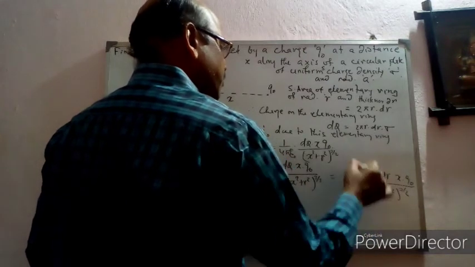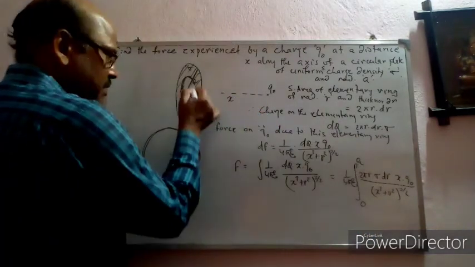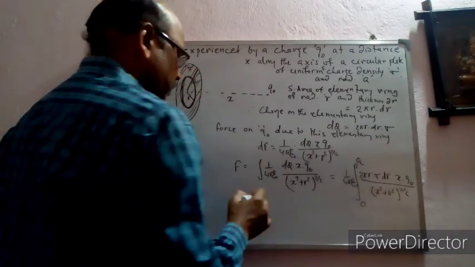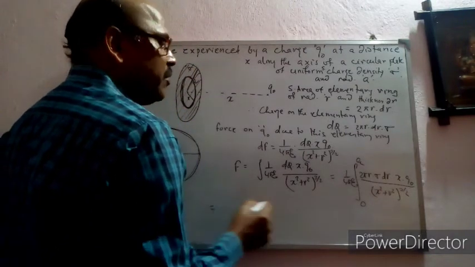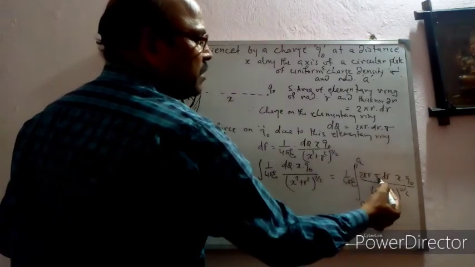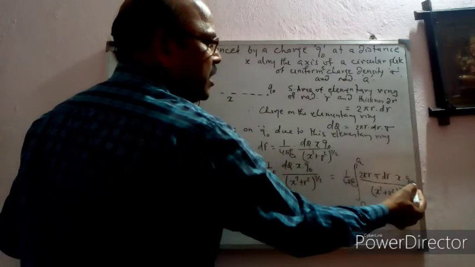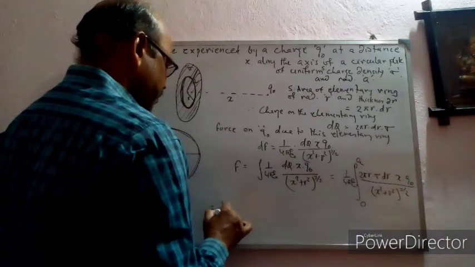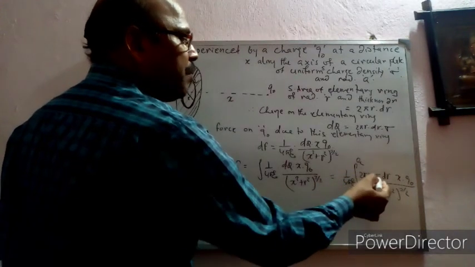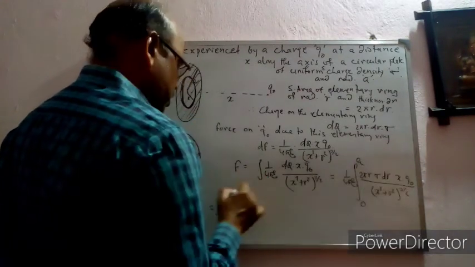It is varying from 0 to a. The rings are of radii 0 to a, continuously varying. So solving it, take the constants out: 2 constant, pi constant, sigma constant, x constant, q naught constant. So it is 1 by 4 pi epsilon naught into 2 pi sigma x q naught.